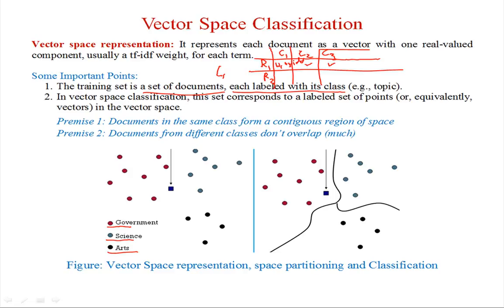Now suppose we consider this representation. Suppose a document represented by an arrow comes. Then how do we classify this? For this there may be several techniques, but in Rocchio classification what we do is calculate the centroid of the entire document collection and check whether this document is similar to this class, this class, or this class.